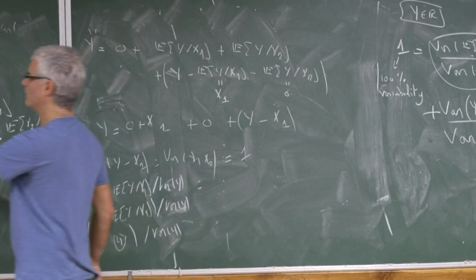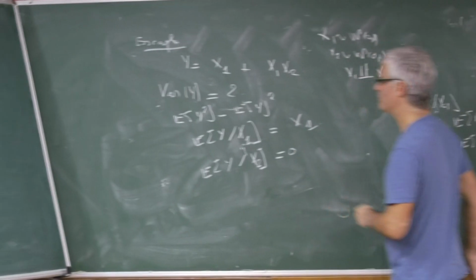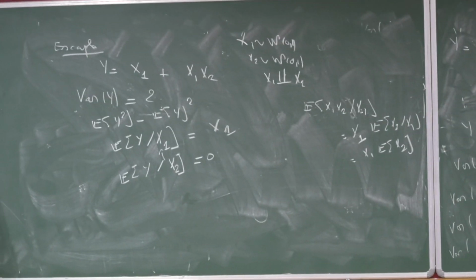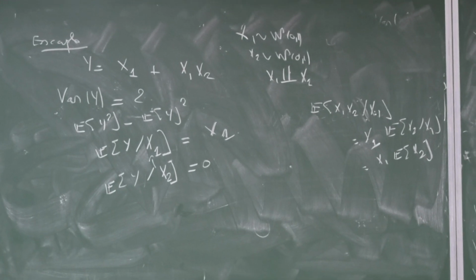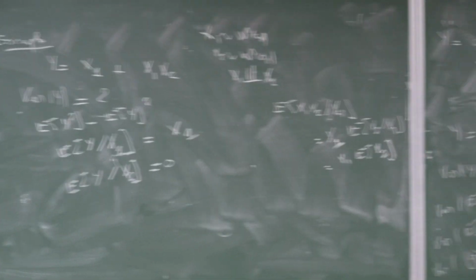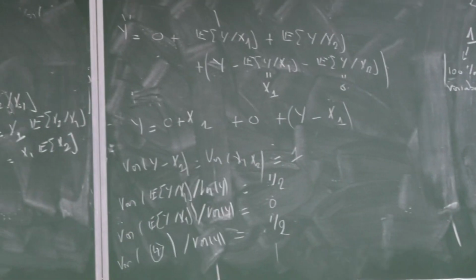The variance of this one is the variance of x1, so it's just 1 divided by 2. Then 0, and this would also be 1 divided by 2.